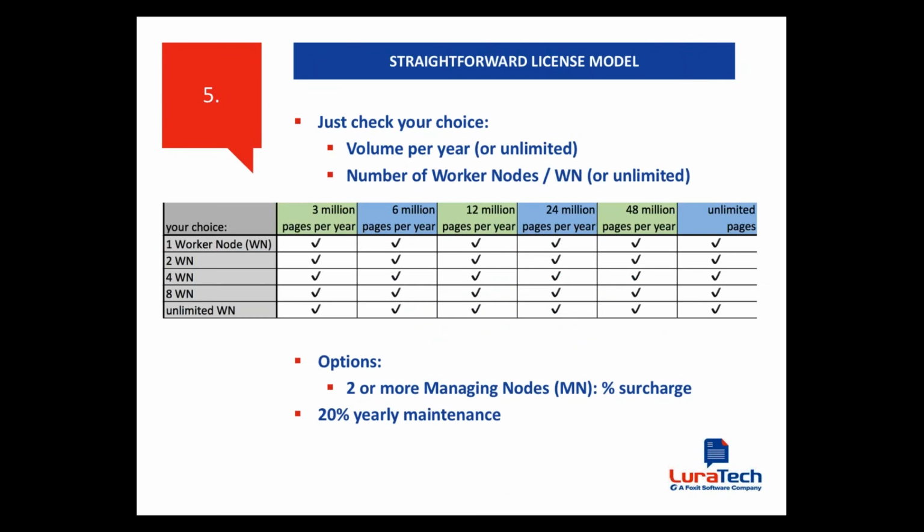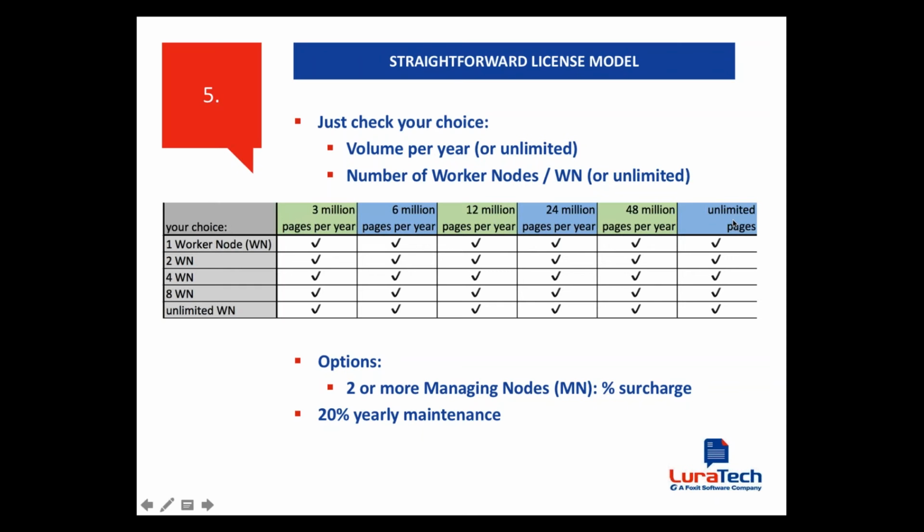The second message is: so what are your choices? How can you scale it? This also gives you a little bit of an impression of our license model. First, you just look at this table here and then select what you want or need. We have defined scale-up here by volume of pages per year, say 3 million pages per year in your system, or a license of 24 million pages a year, or even a license to process as many pages as you want without even having a counter for it.